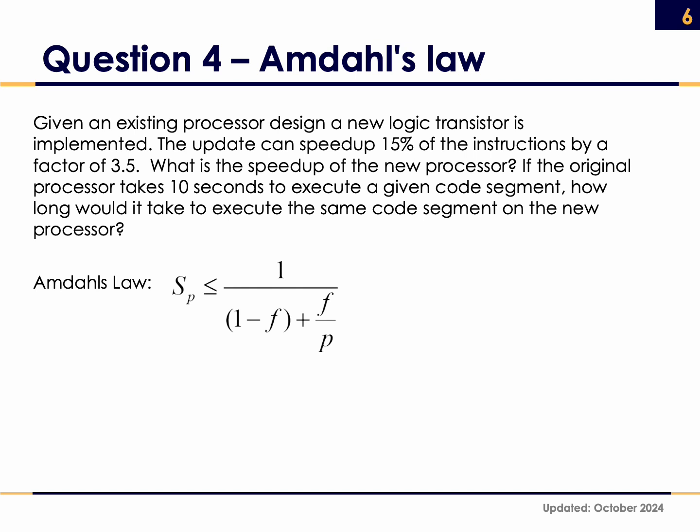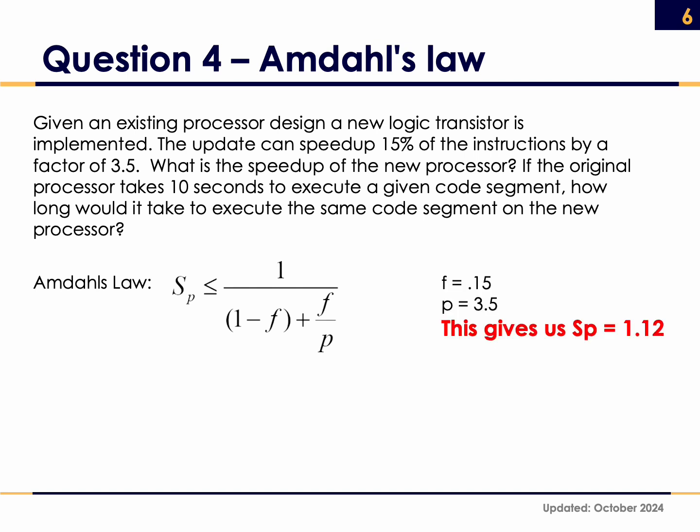And p is the factor of speed up. So f is how much can be sped up, p is how much it can be sped up by. So p would be 3.5 and f would be 0.15. Just plugging this into our equation, we get 1 over (1 minus 0.15 plus 0.15 over 3.5).